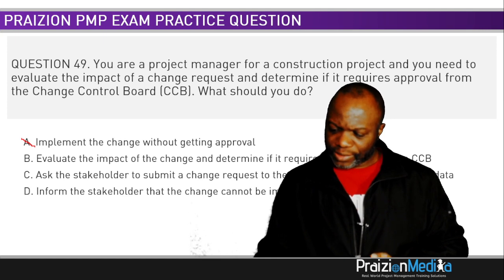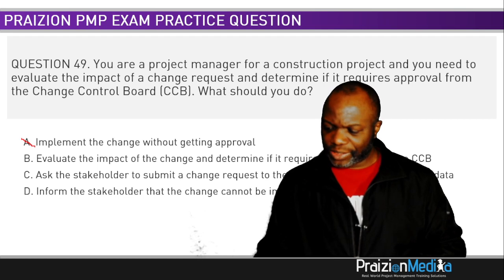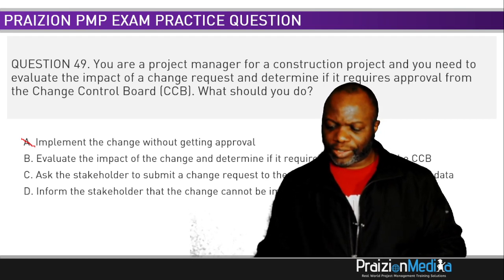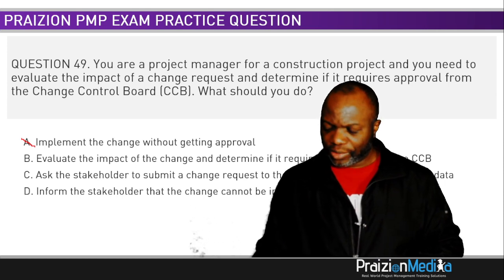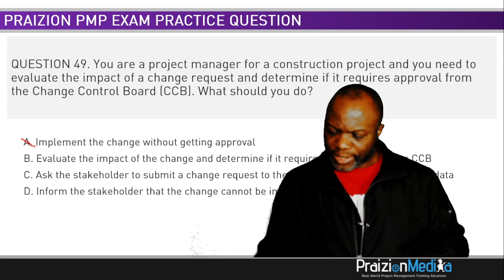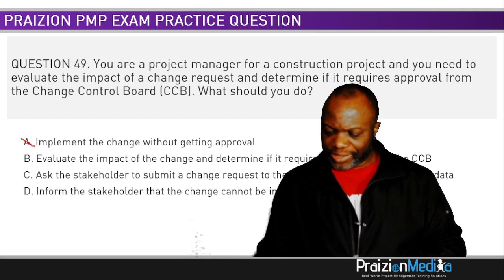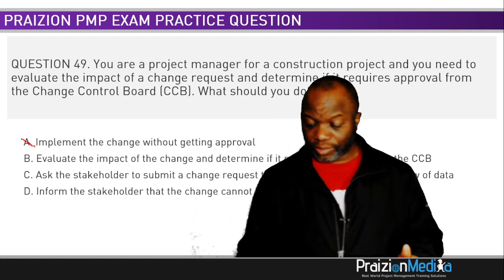It then says, change requests can impact the project scope and the product scope, as well as any project management plan component or any project document. Changes may be requested by any stakeholder involved with the project and may occur at any time throughout the project life cycle. It says, before baselines are established, changes are not required to be formally controlled.